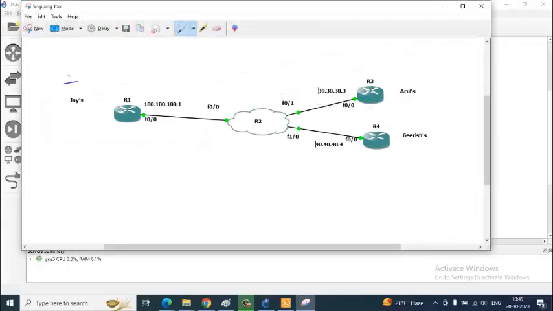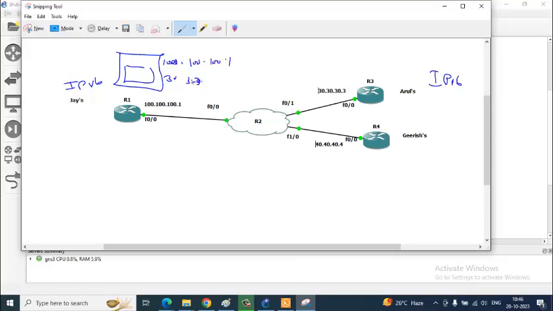So when I ping from here to IPv6 in Arul's network, to my IPv6 packet, an additional encapsulation of IPv4, source address 100.100.100.1, destination address 30.30.30.3, is added. Before leaving this router, this additional header is added.